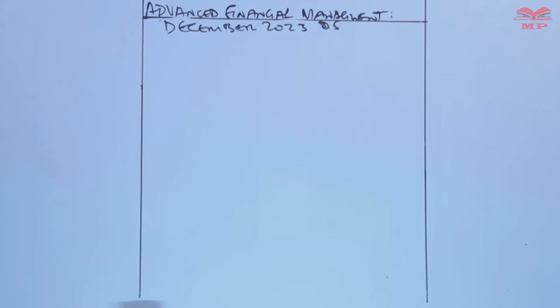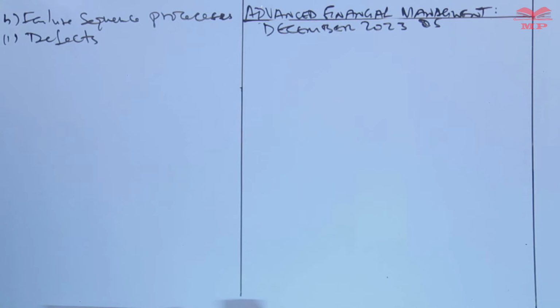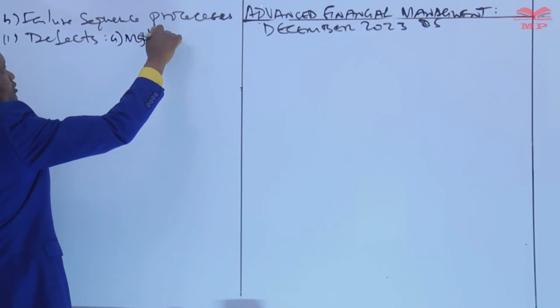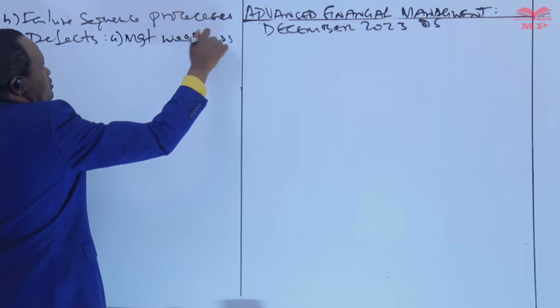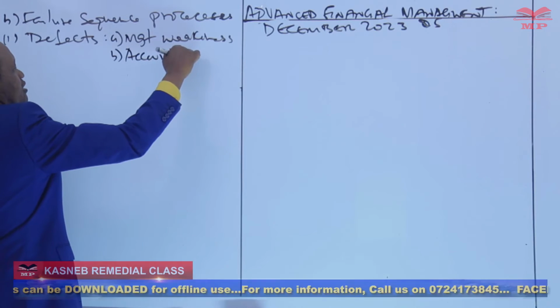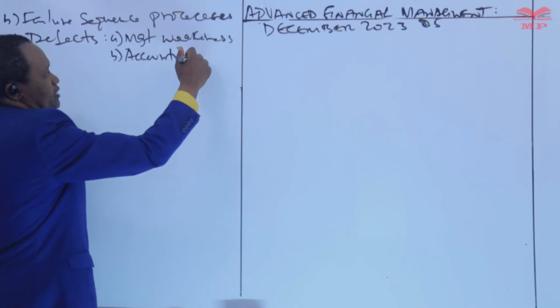We are answering the 3 failure sequence processes. According to Argentine, the process begins with the underlying flaws or weaknesses, which can be grouped into 2. We have the management weaknesses. A, management weaknesses. 2, weaknesses to do with accounting deficiencies.